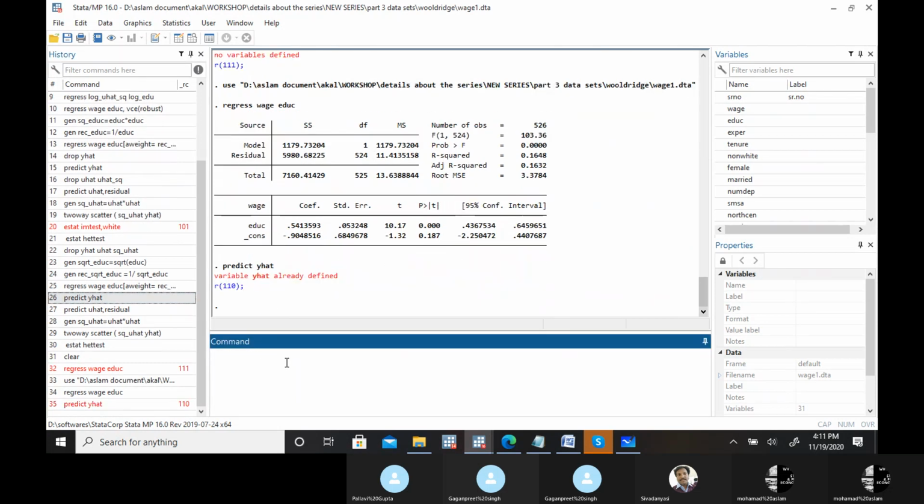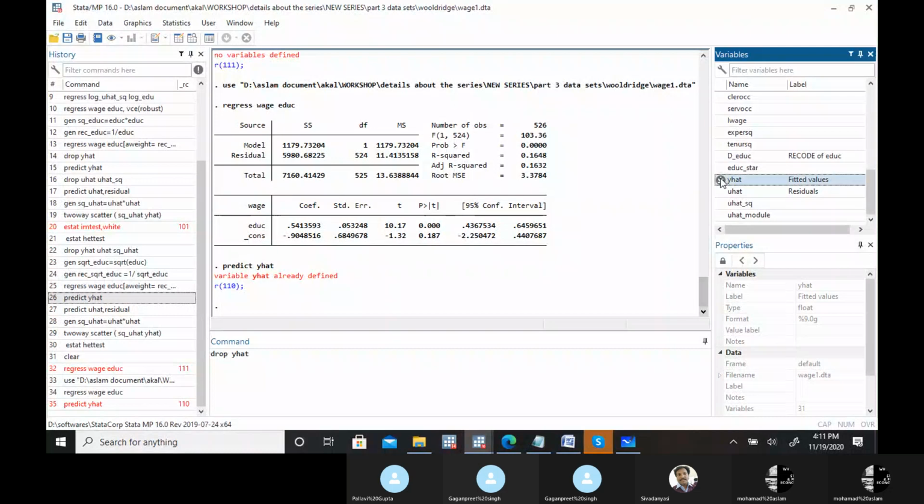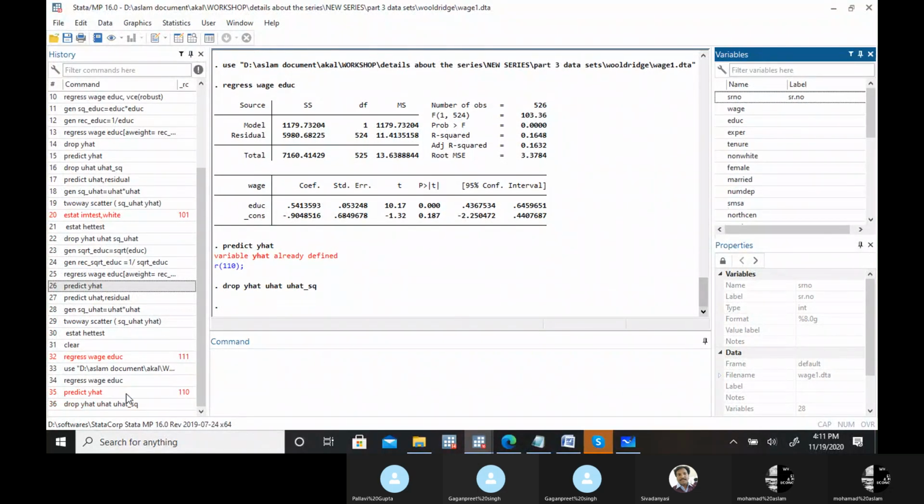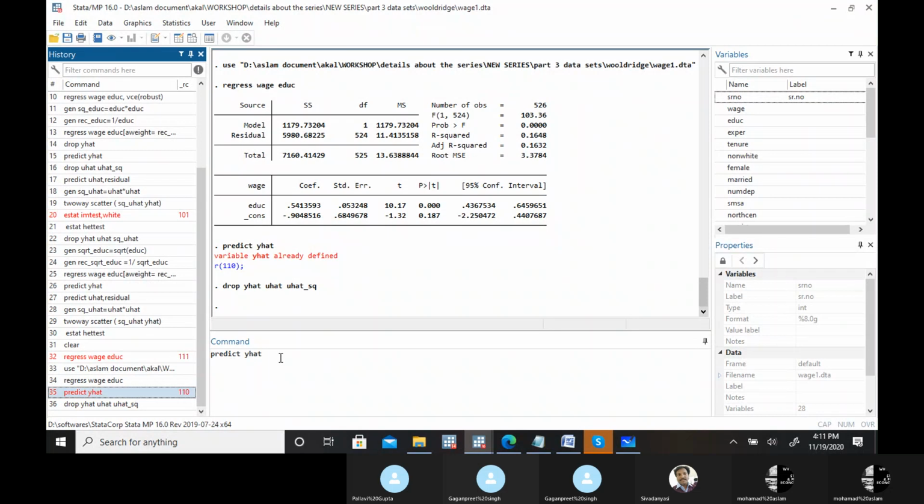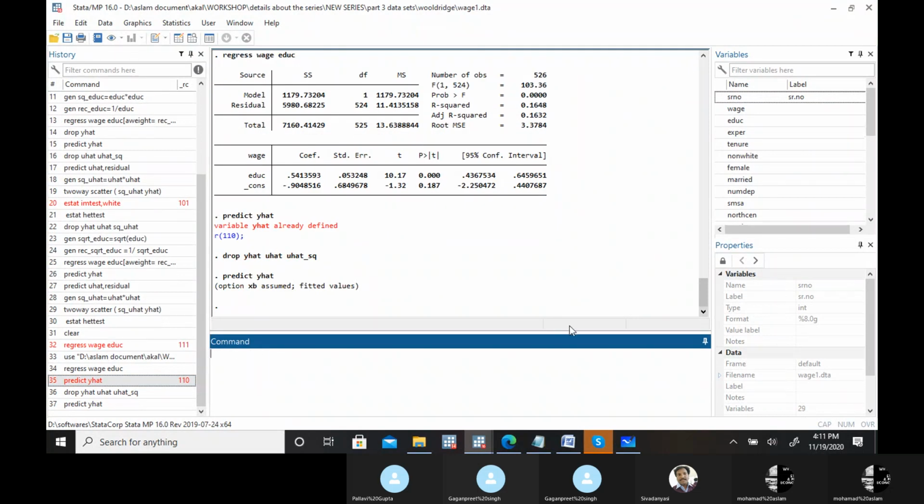This y hat, sorry, it's already there. So let me first draw it. Predict y hat. Now we have to divide the whole regression model by this y hat, so let me apply it as a weight.